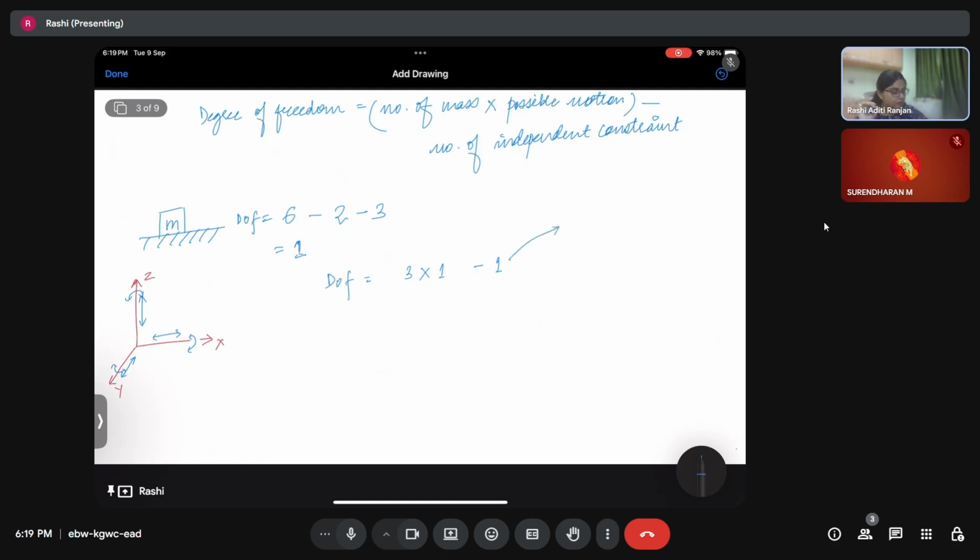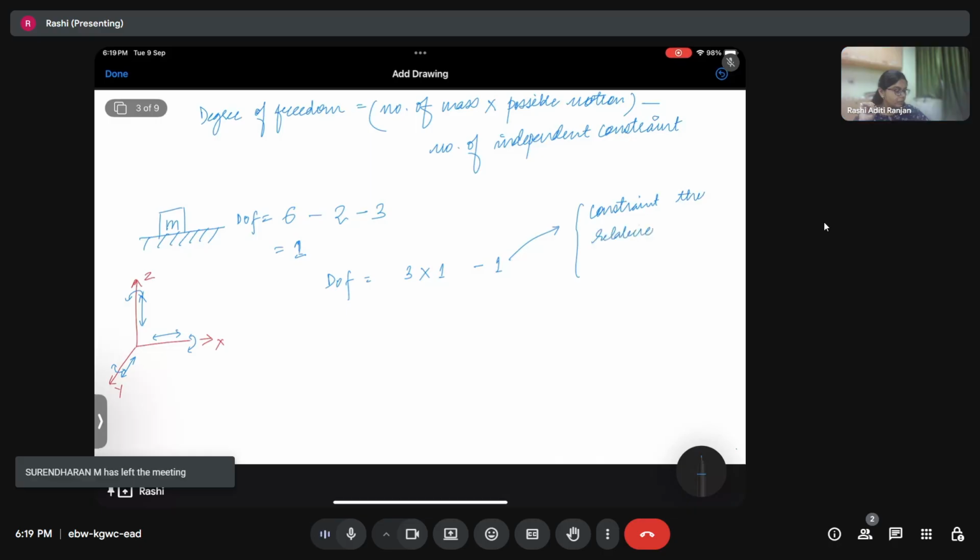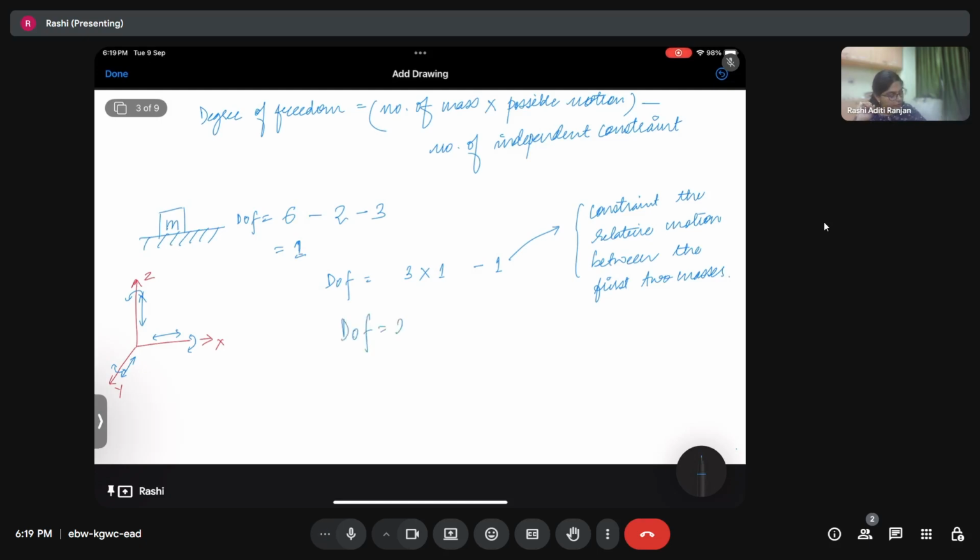This is because we constrained the relative motion between the first two masses. So essentially the degree of freedom is nothing but 2.